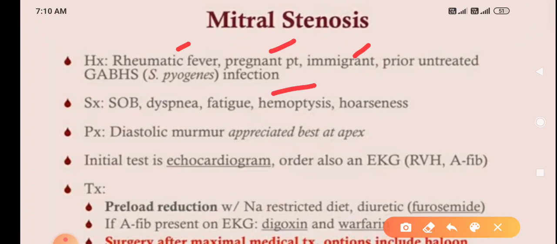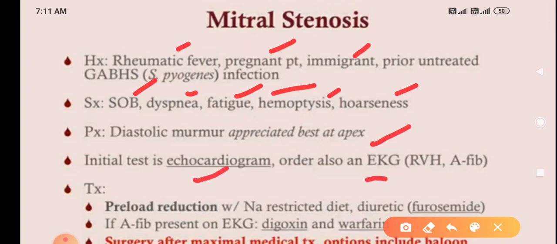Symptoms we see are shortness of breath, because the left atrium is enlarged due to high pressure, and it causes dyspnea due to pressure increase in the pulmonary vein, fatigue, hemoptysis, hoarseness. The patient has a diastolic murmur appreciated best at the apex, fifth intercostal space, mid clavicular line. The initial test is an echocardiogram.